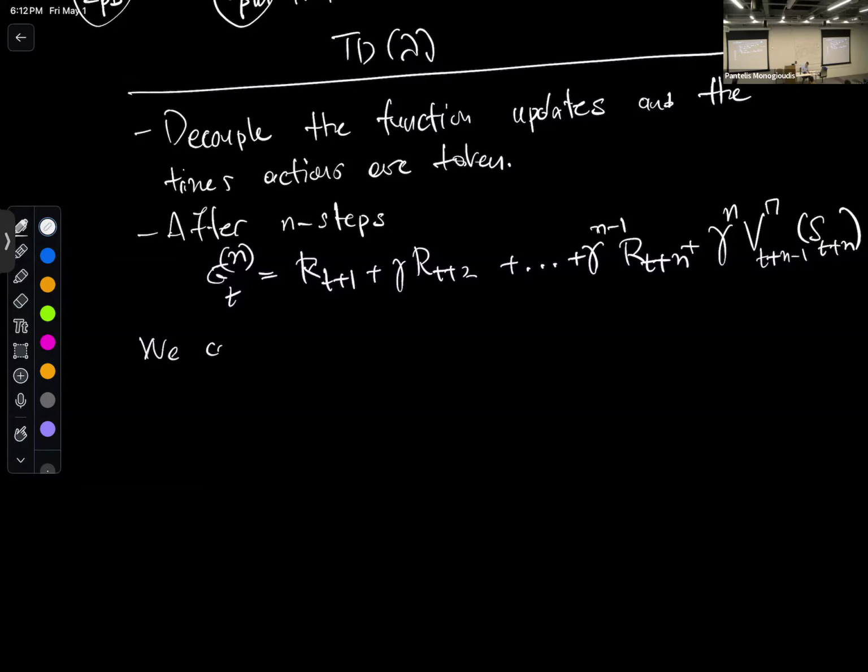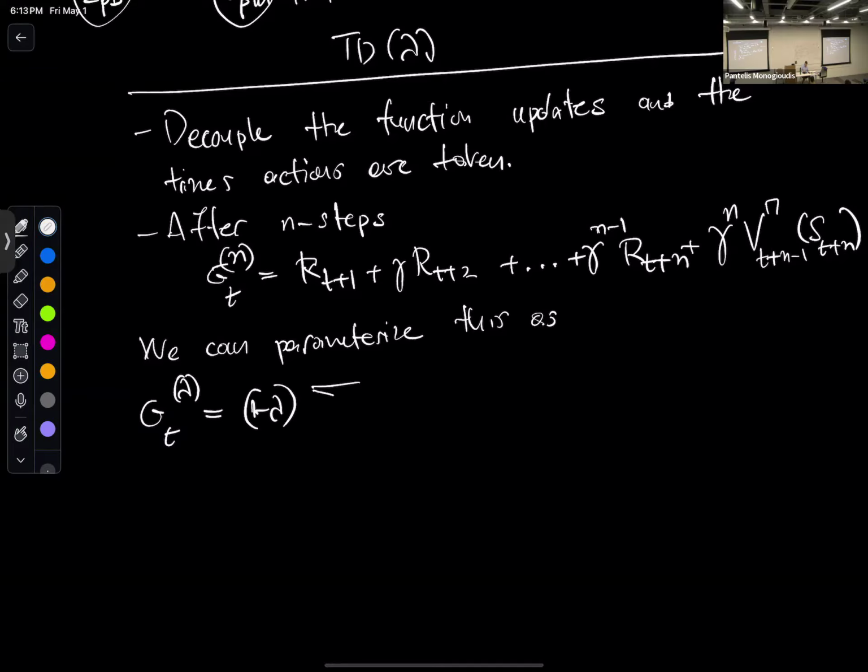We can parameterize this as G t of lambda is equal to 1 minus lambda, summation from n equal to 1 to infinity, lambda to the power of n minus 1, G t of n.